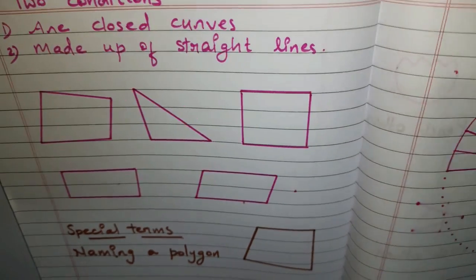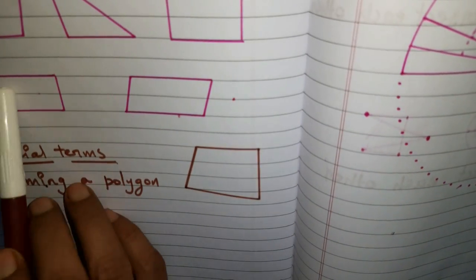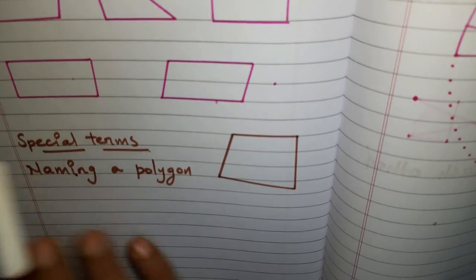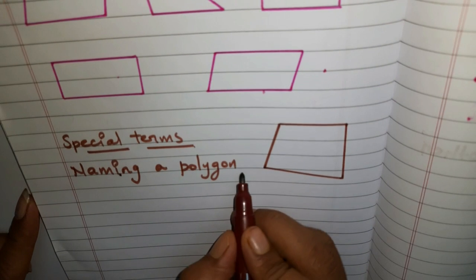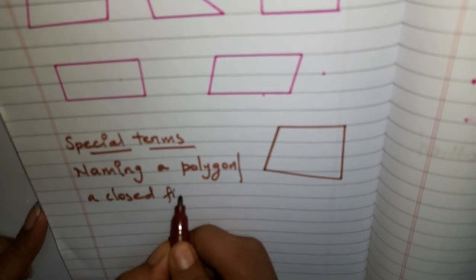Why I have come up with this polygon, I'll tell you after this. But before that, let me tell you how to name a polygon or any closed figure. Let me write over here: naming a polygon or a closed figure made up of straight lines.